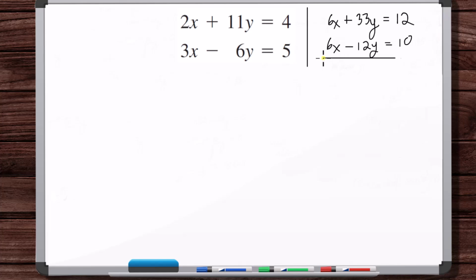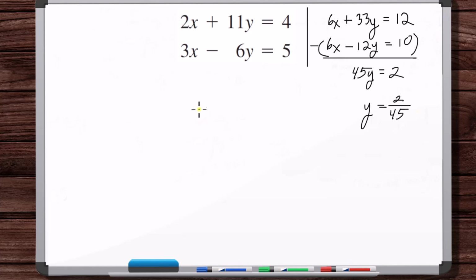All right, so now let's subtract these two equations. You could add or subtract, whatever works to eliminate a variable. So 6x minus 6x is 0. 33 plus 12 is 45. 12 minus 10 is 2. So y is equal to 2 divided by 45.